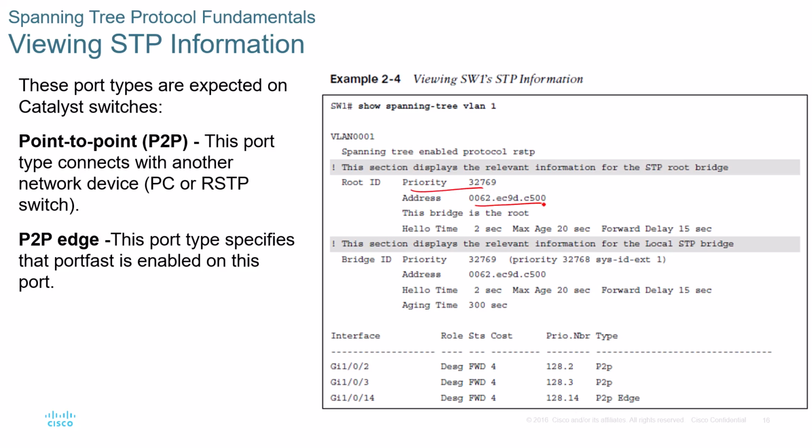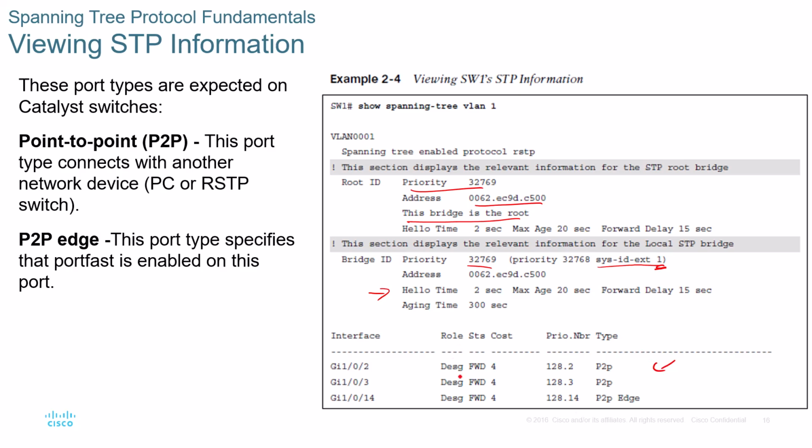They show the MAC address. They will also identify if it's the root bridge or not. After that, we can see again priority, the system ID extension. Again, that's the VLAN.